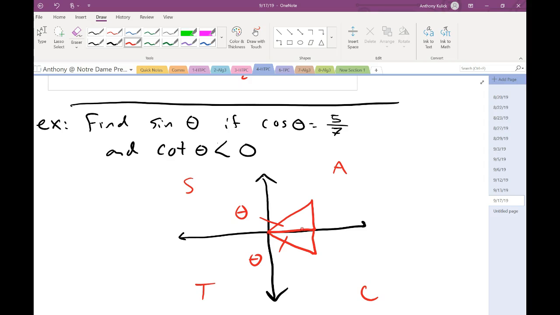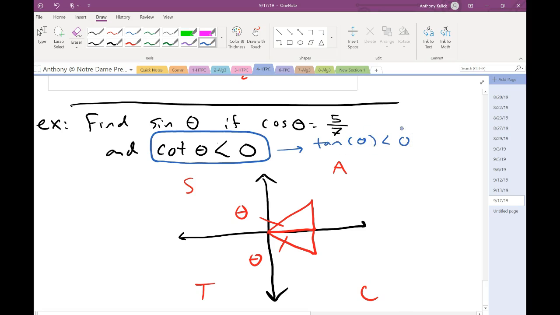The way I'm going to choose between them is I'm going to use this extra piece of information that we're given, that cotangent of theta is less than 0. So I know that cotangent of theta being less than 0 is the same thing as tangent of theta being less than 0, because tangent and cotangent are reciprocals.